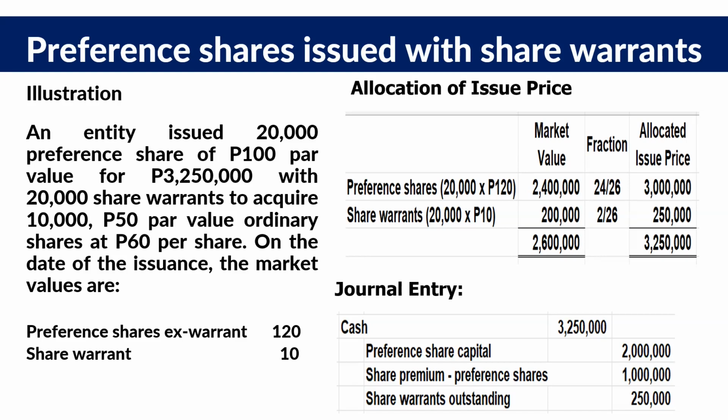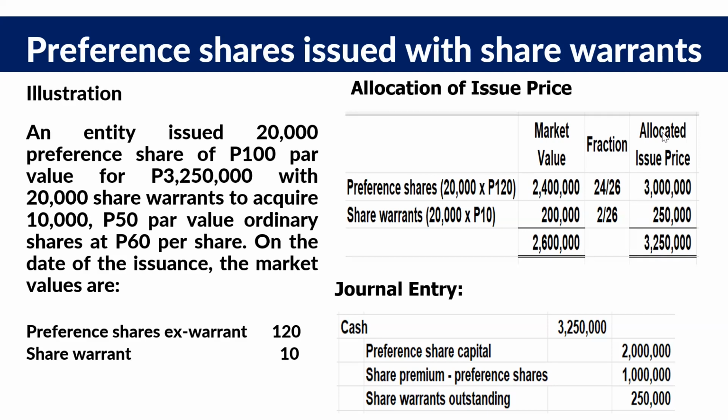So the very first step is to allocate the issue price using the market values of both the preference shares and the share warrants. The total market value of the preference shares, considering 20,000 shares at 120, is 2.4 million. Whereas the share warrants, 20 times 10, you have 200,000. So the total is 2.6 million.